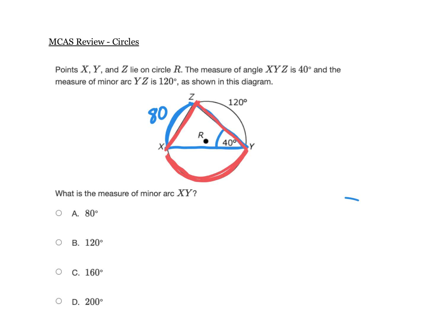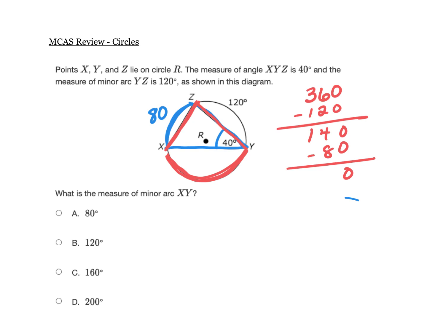Well, remember the other thing you need to remember about circles is that circles have 360 degrees. So if I subtract 120, and subtract 80, that will give me the remaining piece of the circle, because everything has to add to 360.